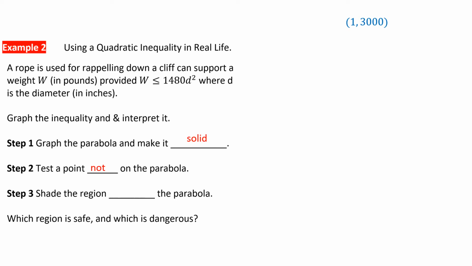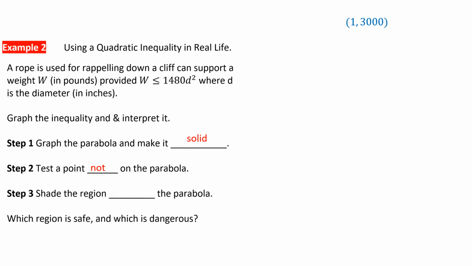Our authors chose to use the point (1, 3000). You can see that basically we're looking at something that's going to pass through the origin: a rope with 0 diameter can hold 0 weight. Basically, just about anything above the origin, if we chose (0, 1), (0, 3), they went over 1 unit and went up 3000.